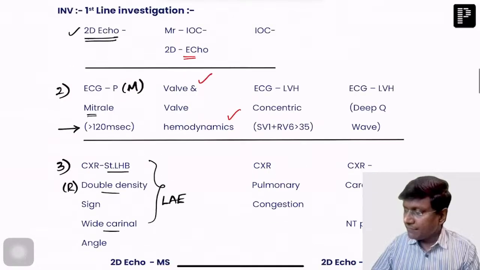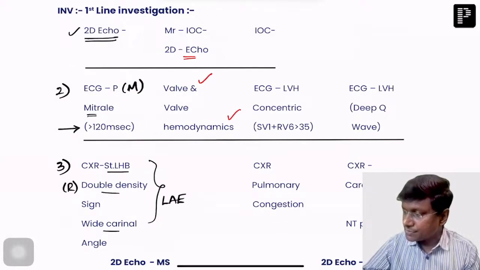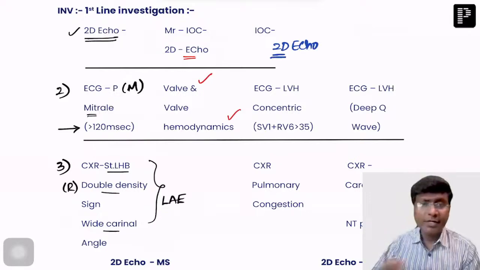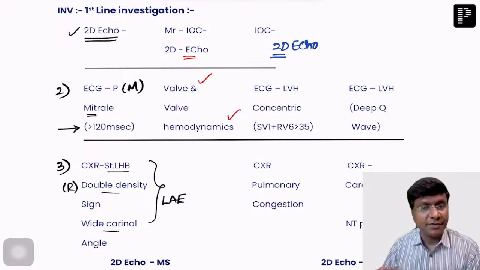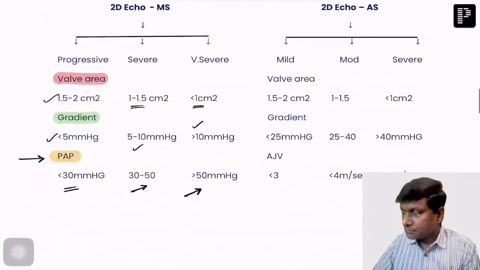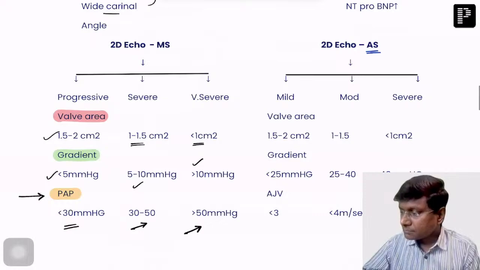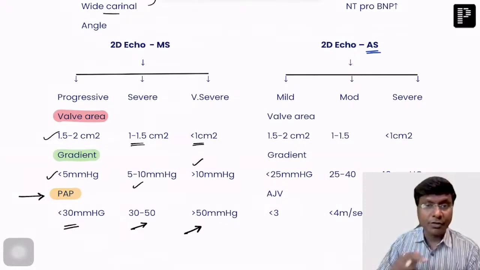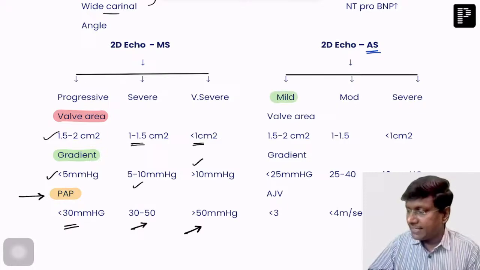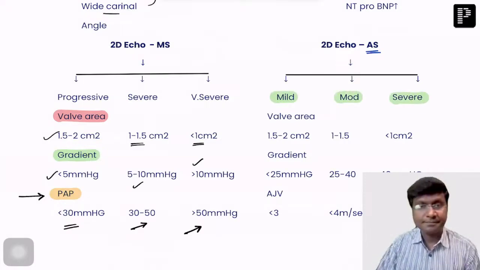Then, how do you evaluate the patient with aortic stenosis? The investigation of choice will be 2D echo. Please remember, in all the valvular heart diseases, the first line investigation will be 2D echo only. Now, 2D echo in AS, depending upon the valve area, we classify it into mild, moderate, and severe.